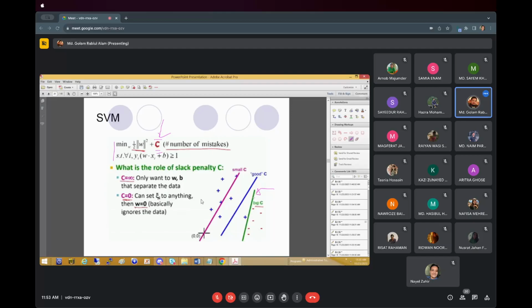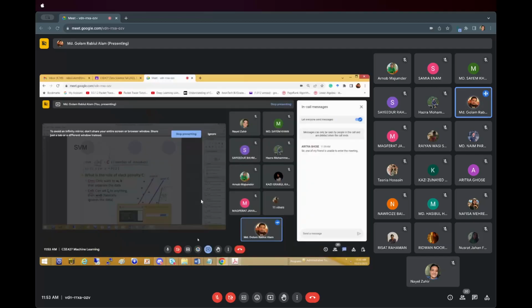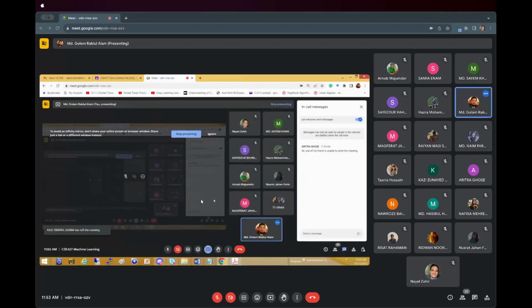That's why we have to think of C values in the middle, within 0 to 1.